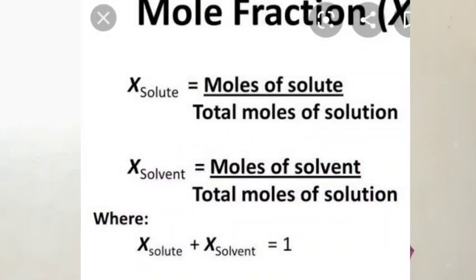So mole fraction is expressed as number of moles of one component divided by total number of moles in the solution. In the solution, total number of moles means number of moles of solvent plus that of the solute. Mole fraction means number of moles of one component, that means solute or the solvent, divided by number of moles of solute plus solvent.